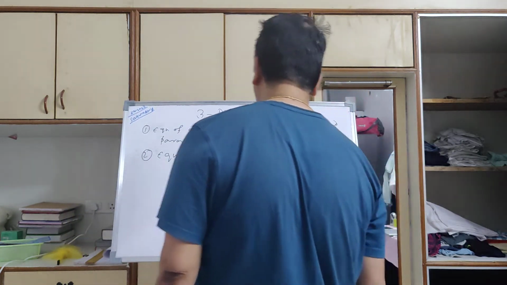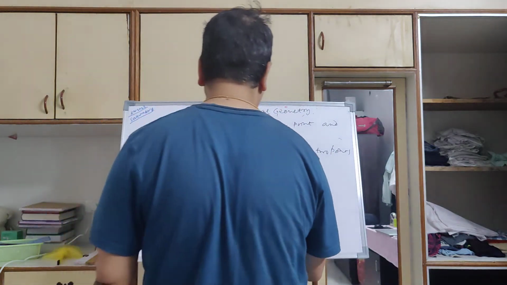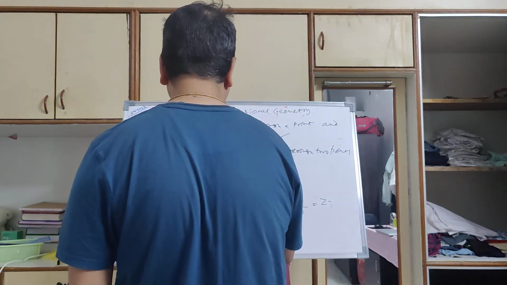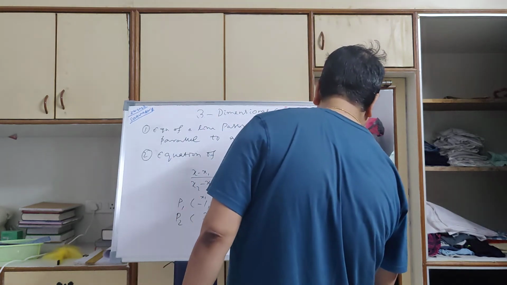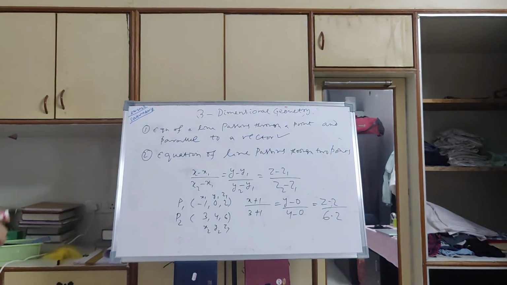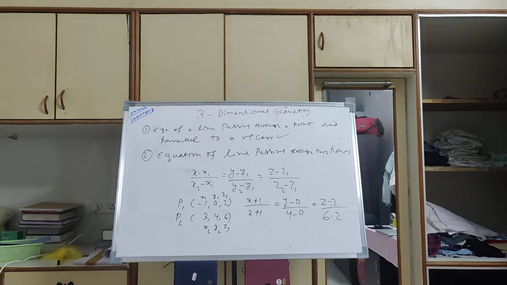Then z minus z1, so z1 is 2, z2 is 6, 6 minus 2 is 4. So this is the equation of that line. These things you can solve.